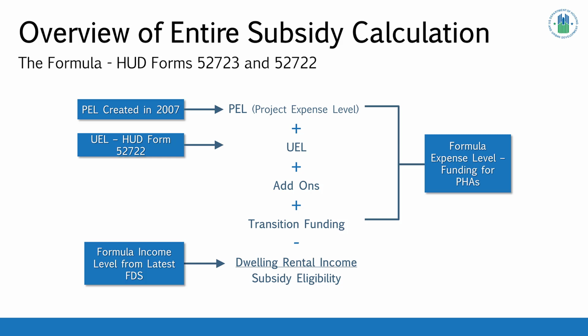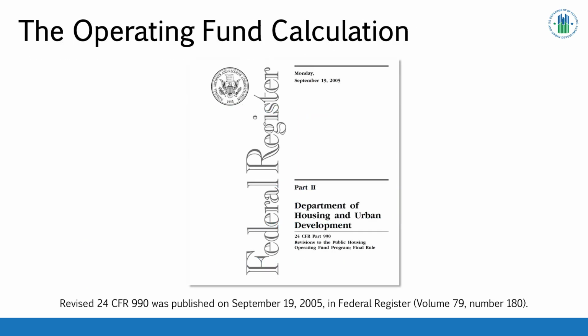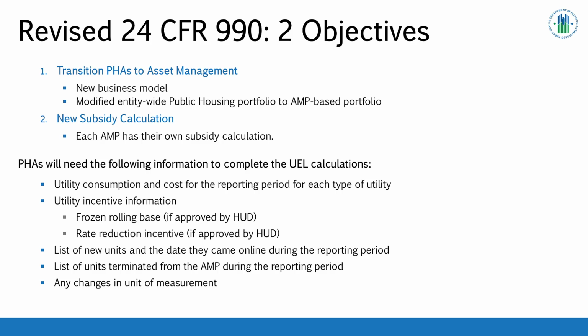The transition funding is for those PHAs that transitioned to asset management early and were losing funding under the new rule. If we go back to slide 6, when this revised 24 CFR 990 rule came out, it required them to transition to this asset management model, and that changed how the housing authority operated. In addition, we got this new subsidy calculation.